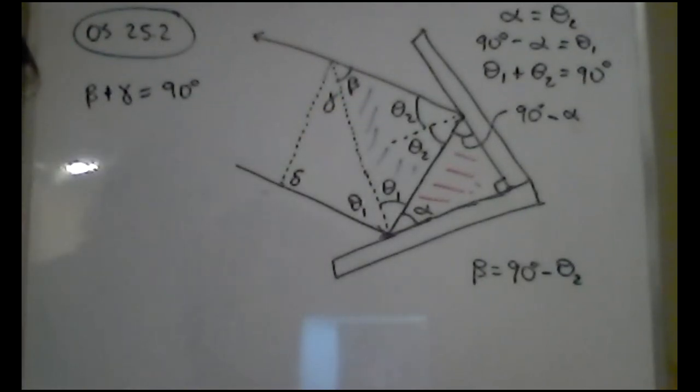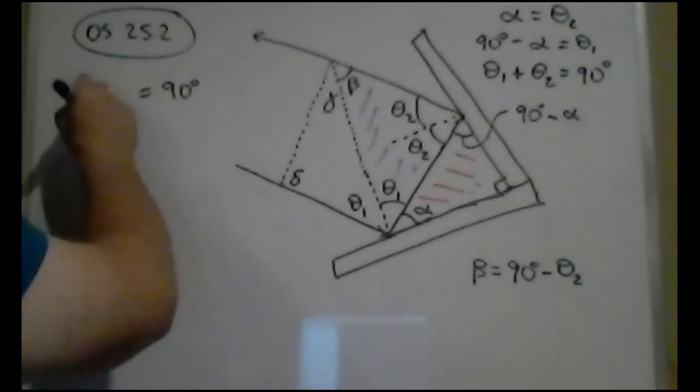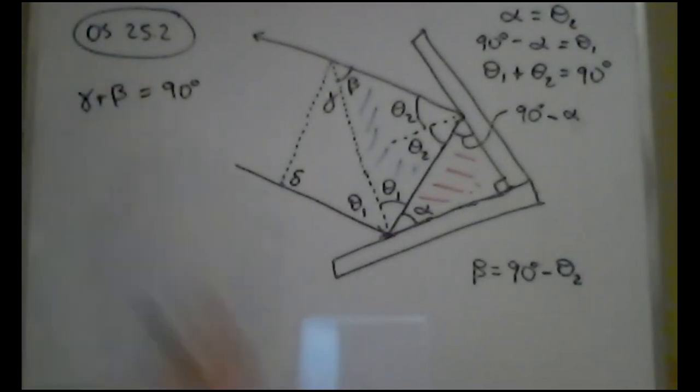All right. Now we know that beta plus gamma is 90 degrees. What is beta? Well, it's 90 degrees minus theta 2.